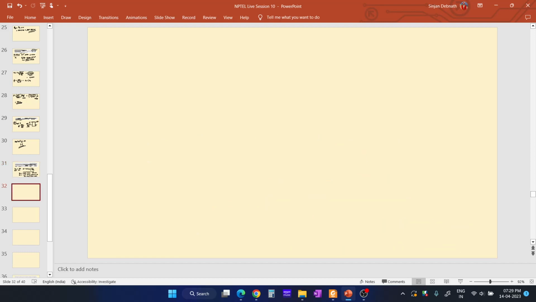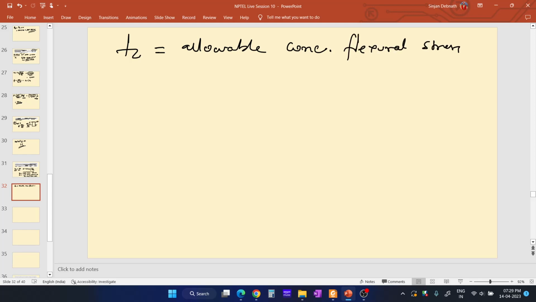And another one is Fc. Fc is the allowable concrete flexural stress, which is around 0.1 times Fc dash. That is the 28 days compressive strength of concrete.